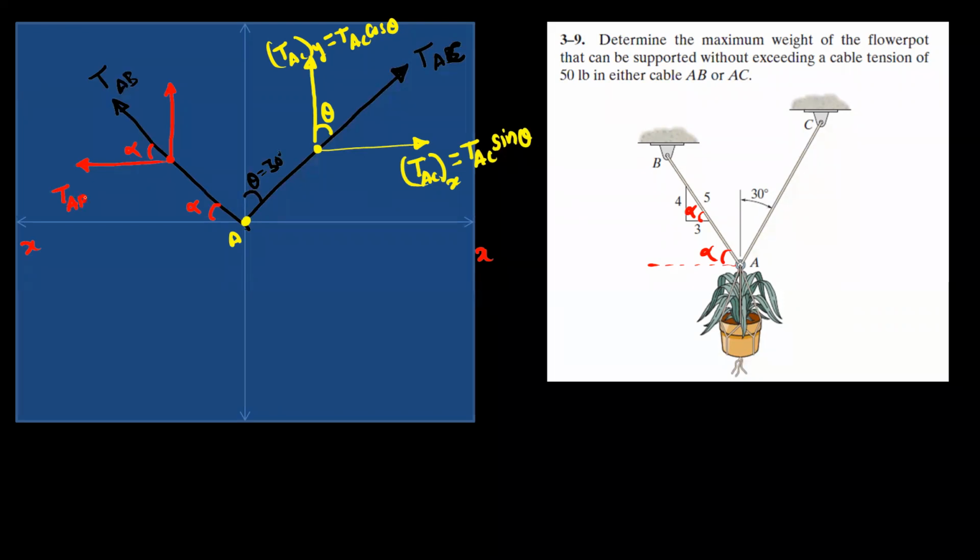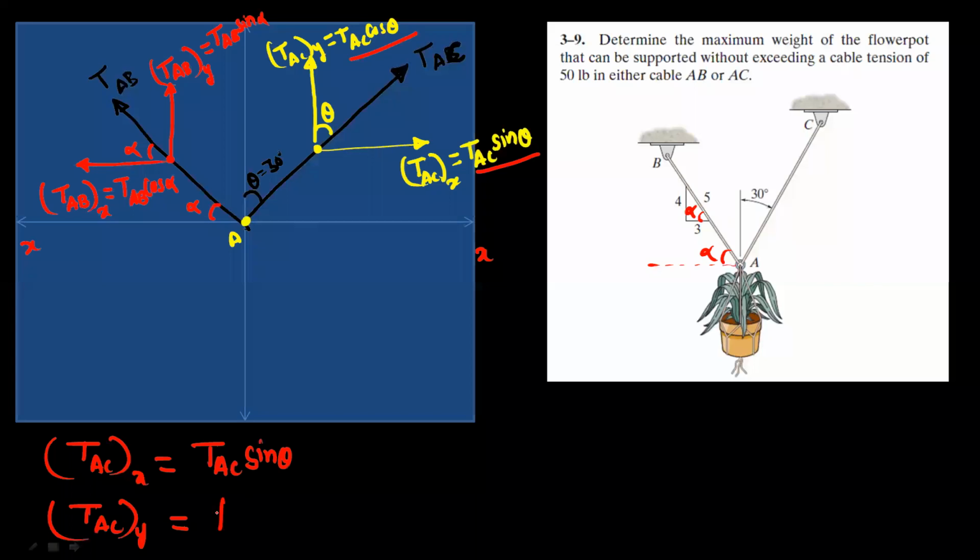Tension AB is the net force, and this is tension AB y component. The tension AB x component is adjacent to angle alpha. So this is tension AB cos alpha, and here tension AB sin alpha.